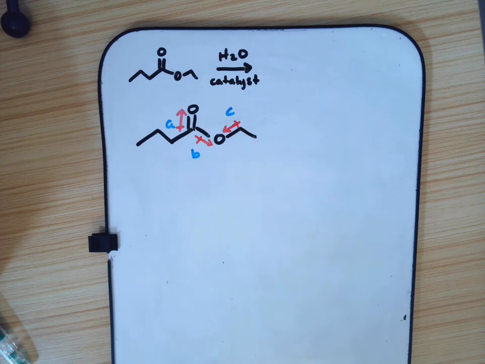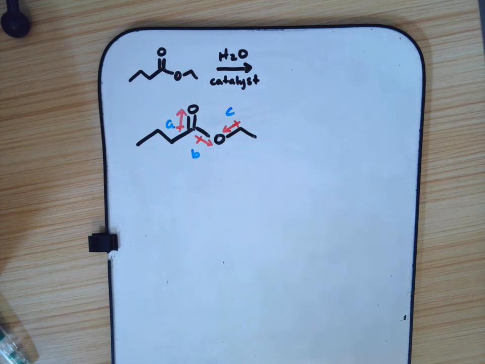When you're comparing single bonds to double bonds, double bonds are shorter, but they are also stronger. The stronger a bond is, the more energy it's going to require to break that bond. So recall, during chemical reactions, old bonds break, new bonds form. And so in a hydrolysis reaction, the old bond must break in order to split this molecule.